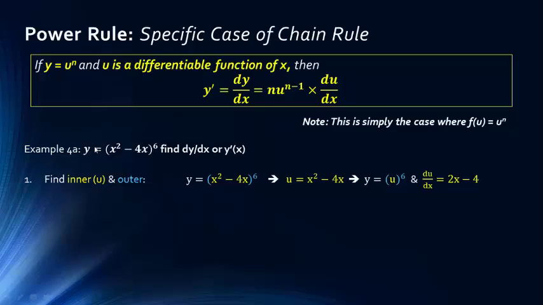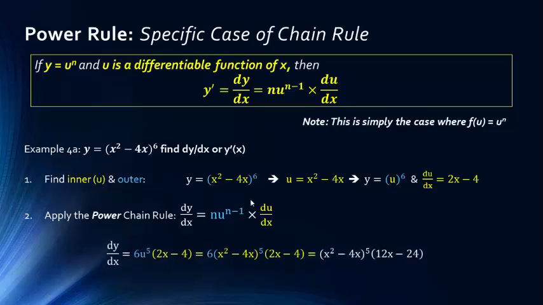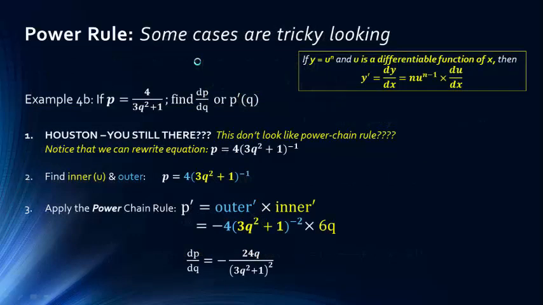The derivative of what's inside is 2x minus 4. Again, hopefully by now you're getting better at these. And so I can simply apply the power rule. I get 6 times what's inside raised to the 5th power times 2x minus 4. This doesn't seem like a special case, but they say it, so we'll let it slide.